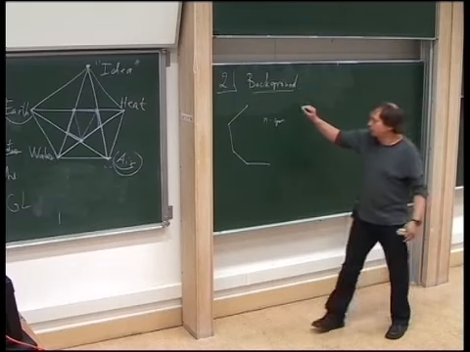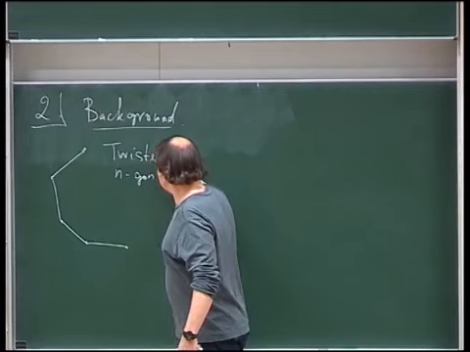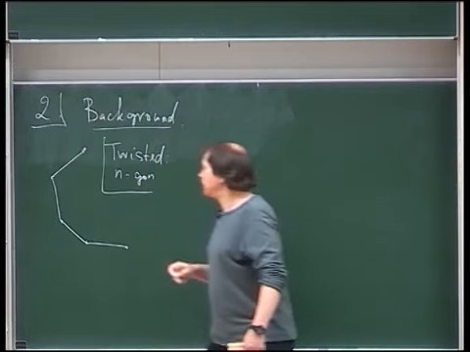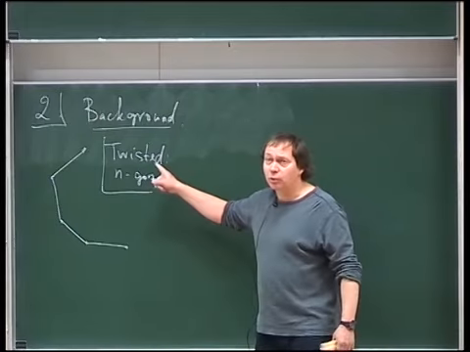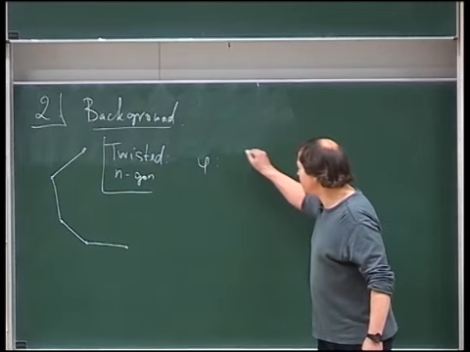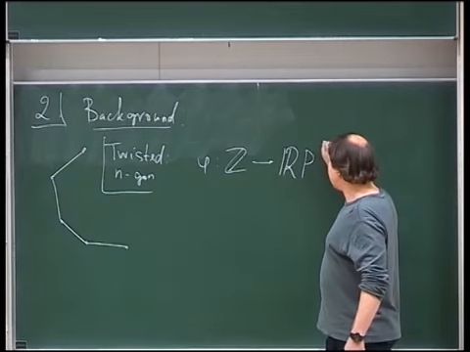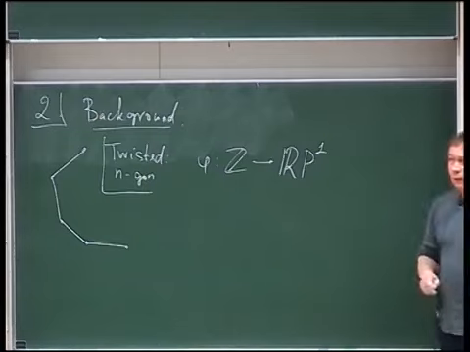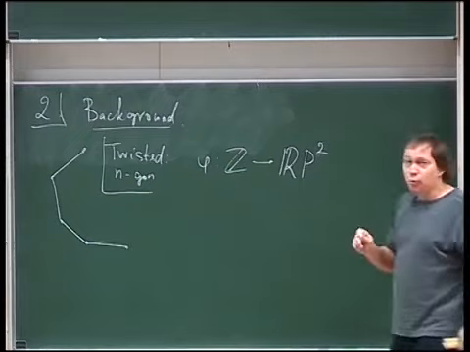So we call it a twisted n-gon. And I give now the definition. So a twisted n-gon is a map phi from Z to RP2, with 2 properties.